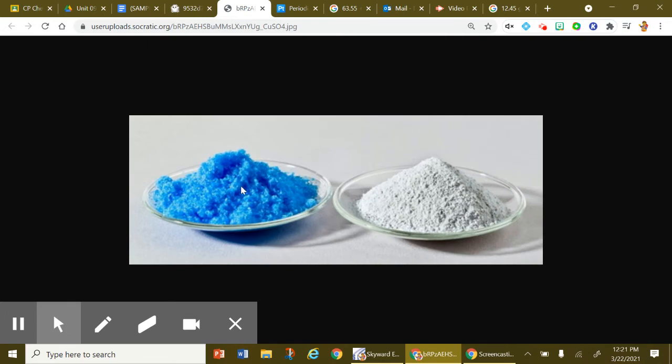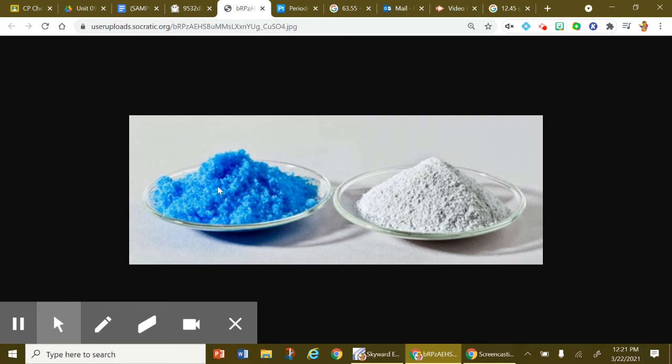This blue crystal is copper 2 sulfate with the water molecules attached. And when you heat it up, it turns into copper 2 sulfate by itself. No water molecules attached. You can see how it also shrinks down a little bit. It looks different because this substance no longer has any waters. By heating this up, you evaporated out all the water molecules that were attached to it.